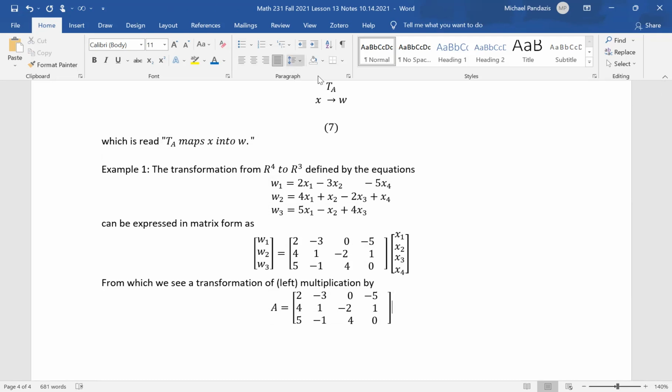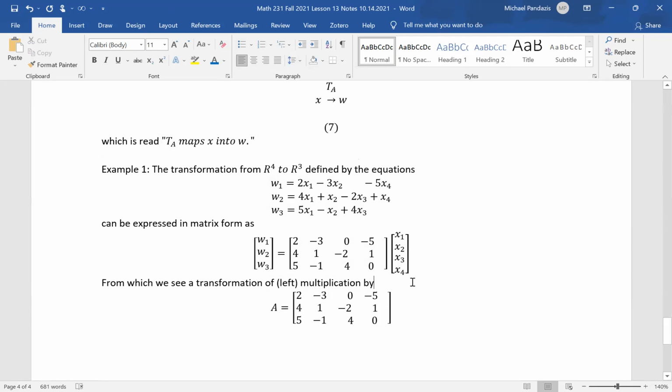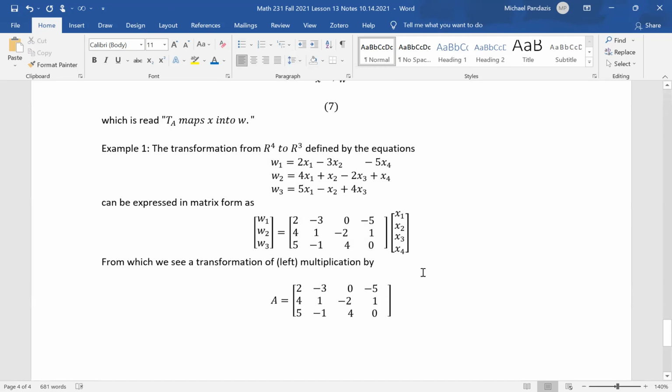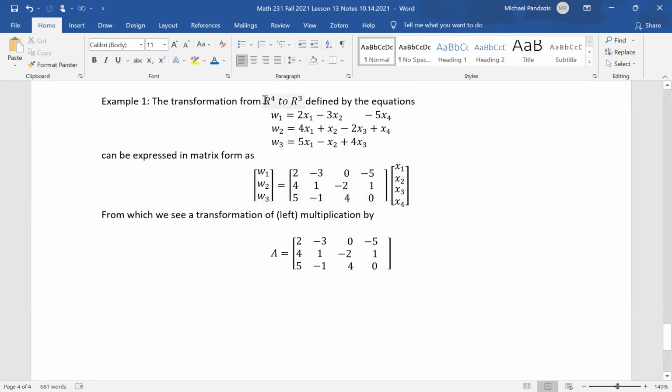Oh, sorry. Get rid of that. Okay, so we're left multiplying by that matrix A. So this is a transformation from R4 to R3. Inputs R4, output R3. Any questions about any of this? Okay, so that's that.